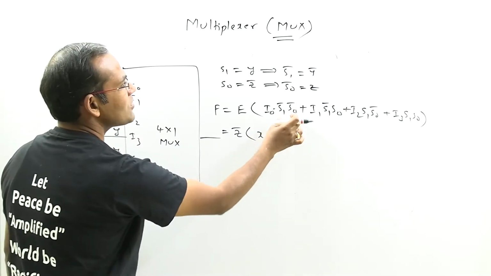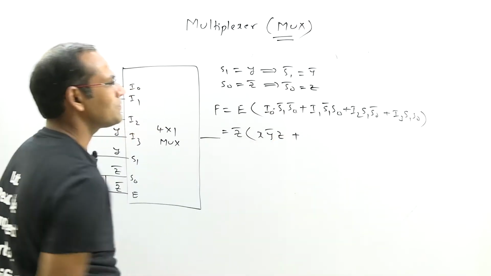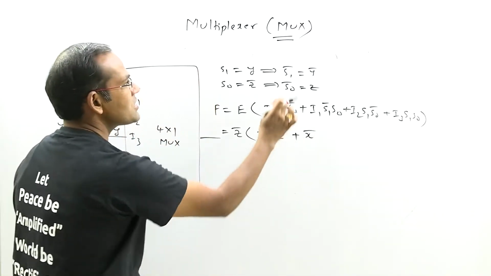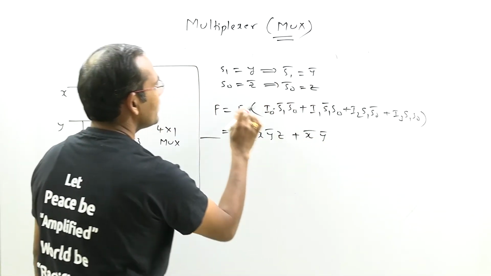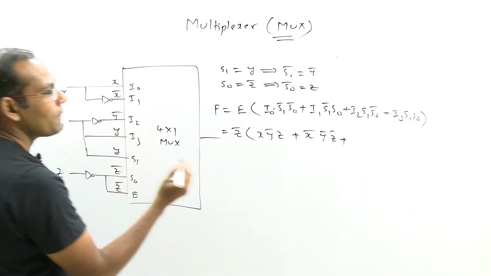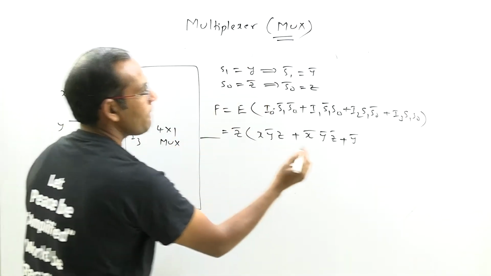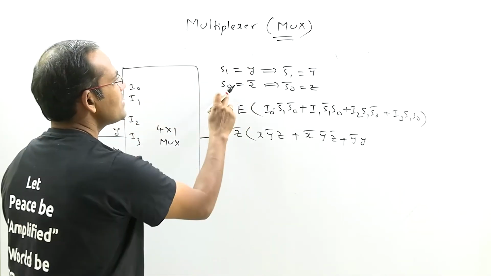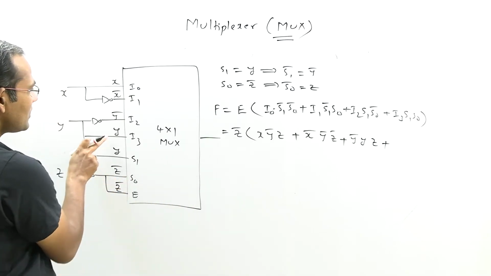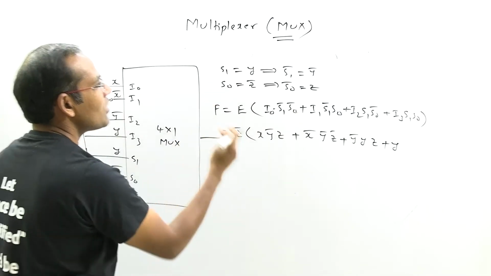So S1 bar, S0 bar is y bar, z, plus I1 is x bar. S1 bar is y bar, S0 is z bar. Plus I2 is y bar, S1 is y and S0 bar is z. I3 is y, and S1 S0 are y z bar.